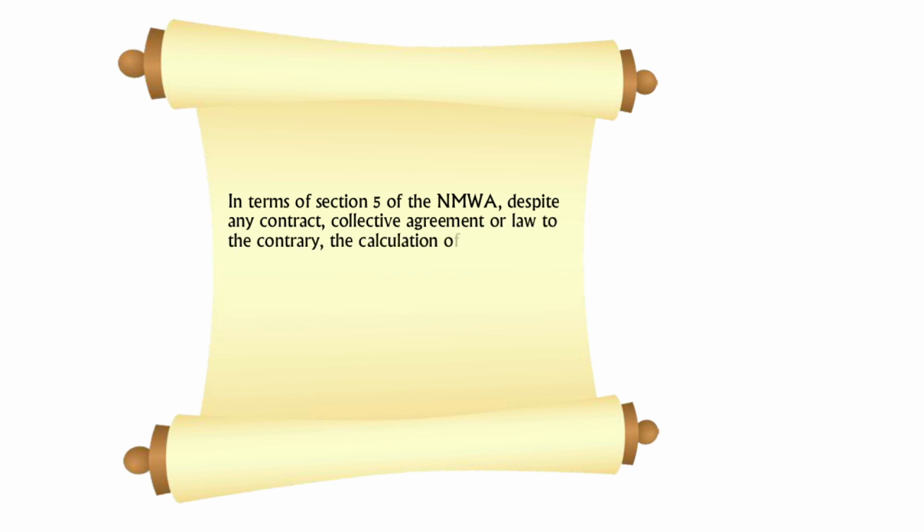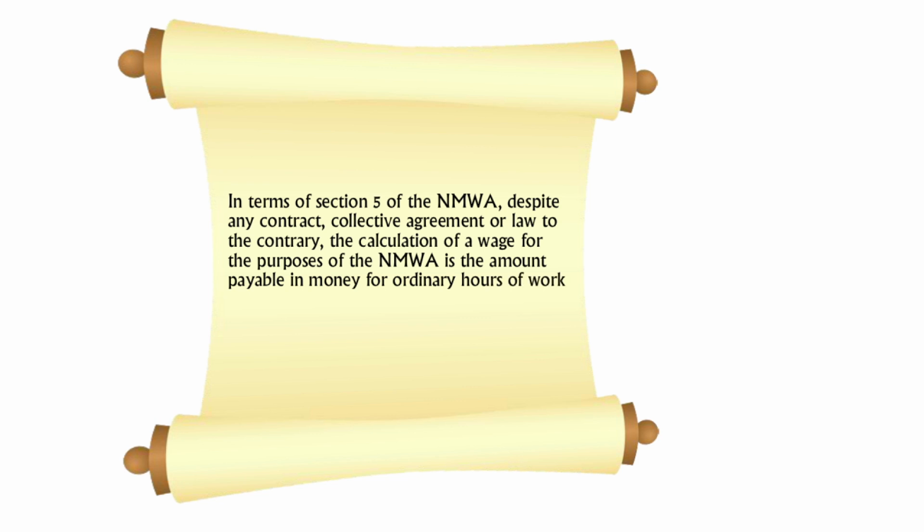In terms of Section 5 of the National Minimum Wage Act, despite any contract, collective agreement or law to the contrary, the calculation of a wage for the purposes of this Act is the amount payable in money for ordinary hours of work.